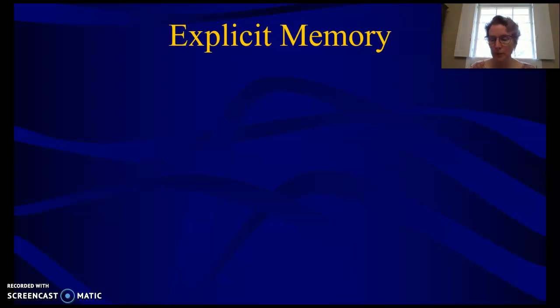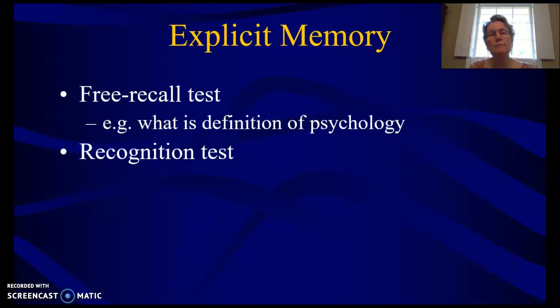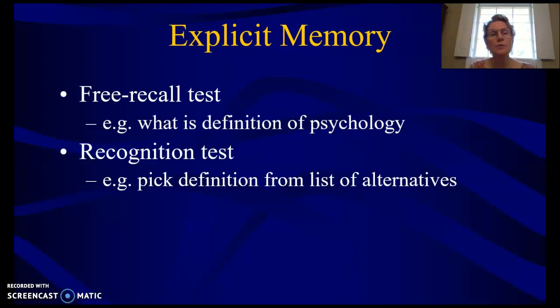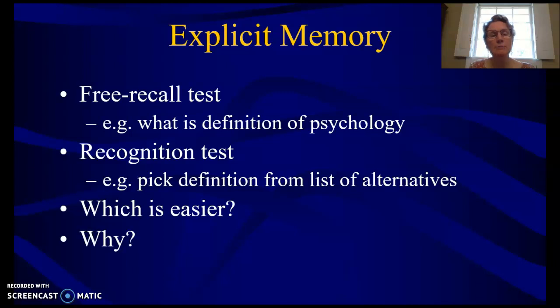All right, now explicit memory also includes different types of testing. If you're given a free recall test where you have to just come up with the answer on your own, that's pretty difficult, right? An example would be, what is the definition of psychology?